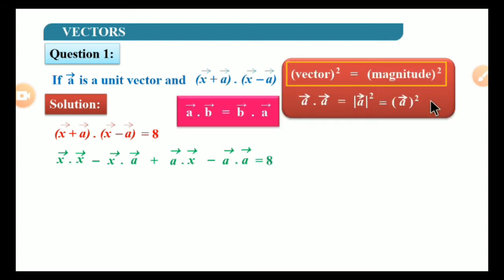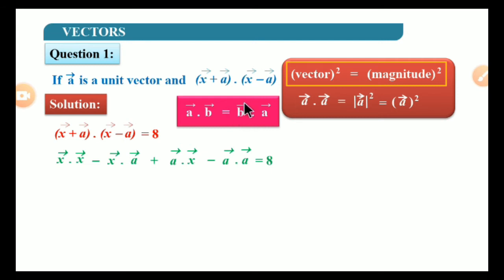So now here we have two notes. First one, we have already studied that a vector squared is always equal to the square of its magnitude. In notation we can write that A · A is always equal to the square of the magnitude of A, right?